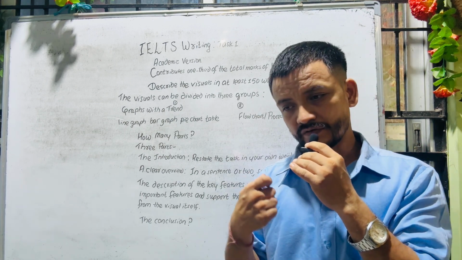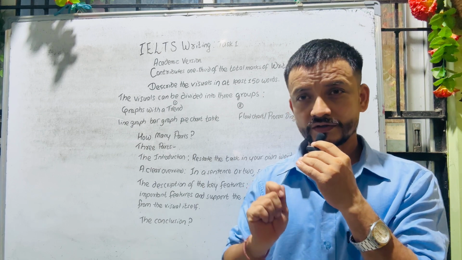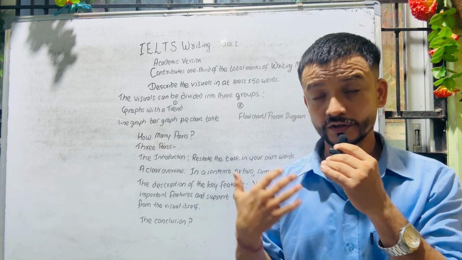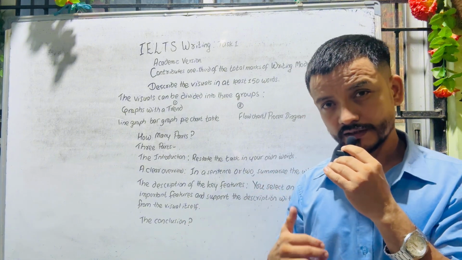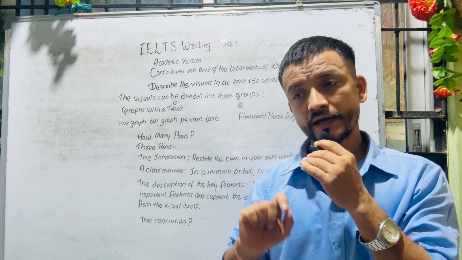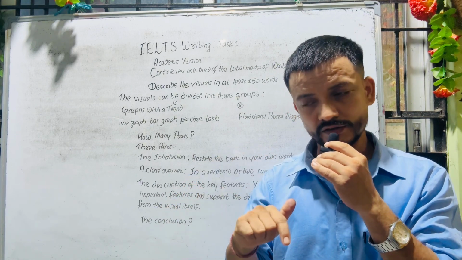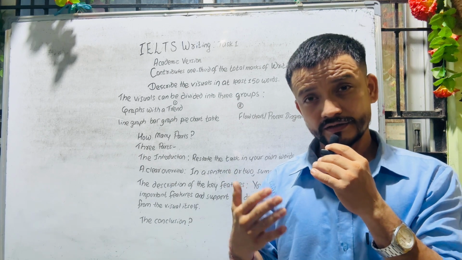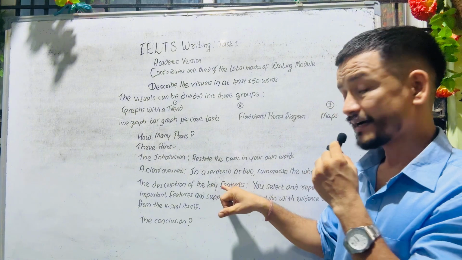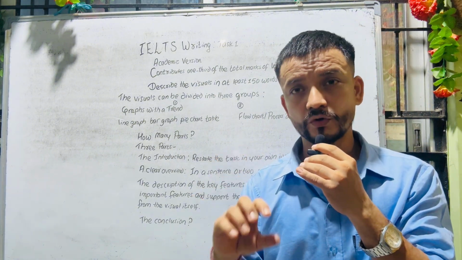The vast majority of students ask me a question: should there be a conclusion in IELTS Writing Task 1 or not? And the answer is no. IELTS Writing Task 2 requires you to give your opinion on the topic, but Task 1 does not have room for opinion.